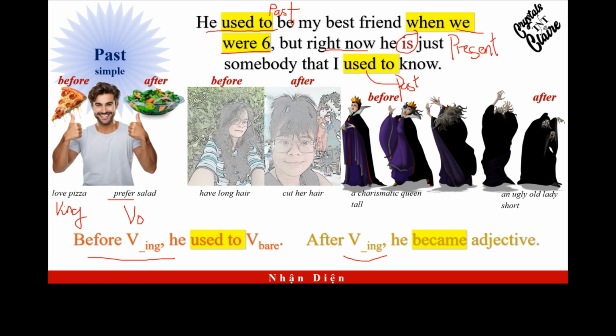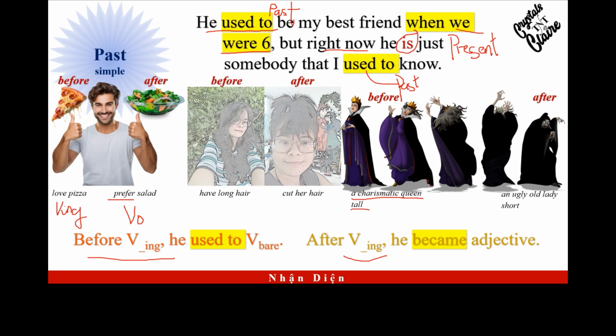I give some reference words, reference phrases for you. Before here, long hair. After, cut her hair. What happened? Before, yes, this one. Evil queen is a charismatic queen. It's like she's very beautiful, charming. That is charismatic. And she's tall too.